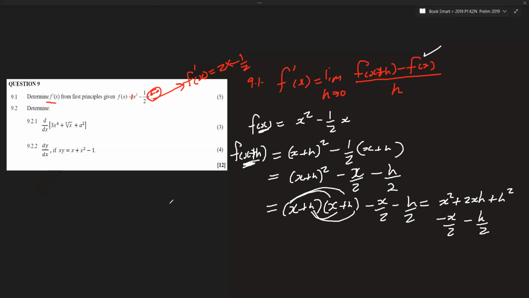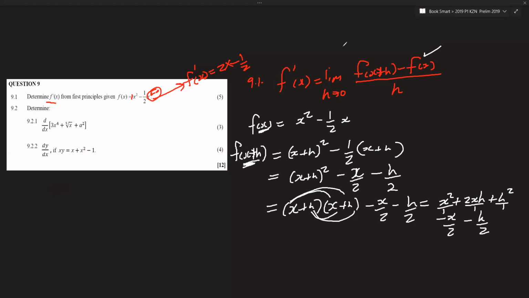Perfect. Remember, these ones are over 1, over 1, over 1. Now should we do the LCD? Nah, let's not do it. So now we can substitute.